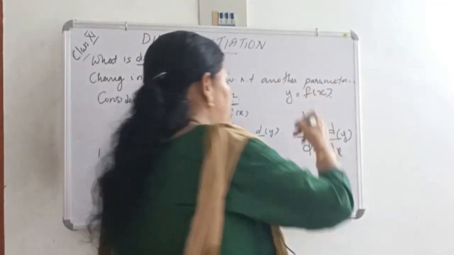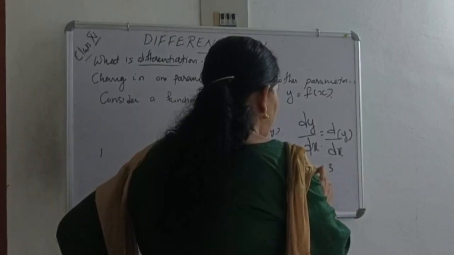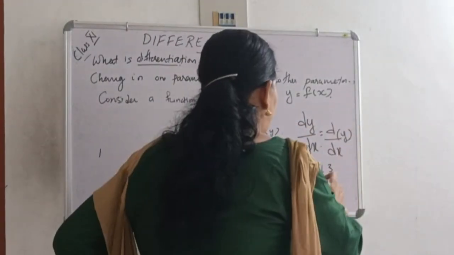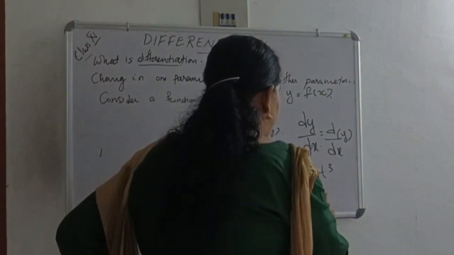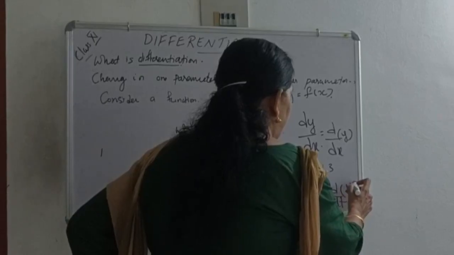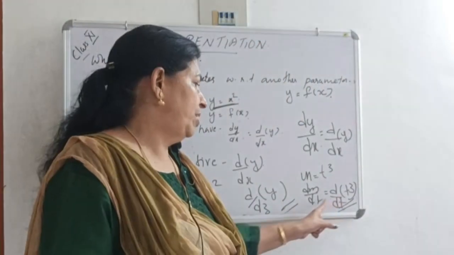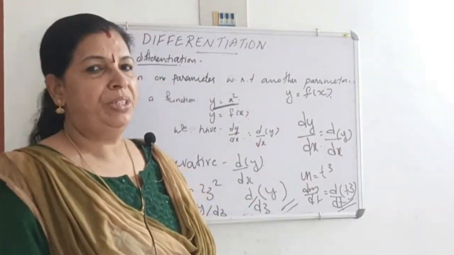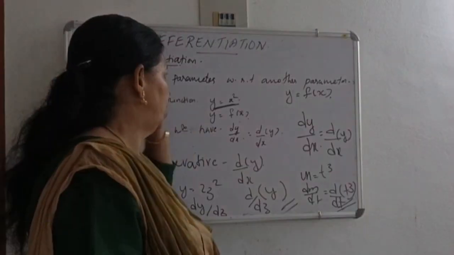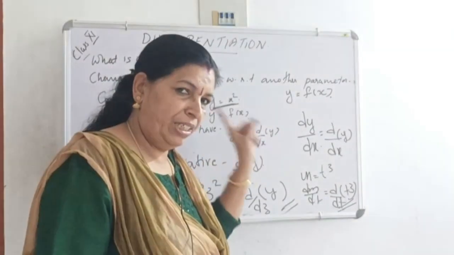If the function is in terms of t, say m equal to t cube, then dm by dt, that is d by dt of t cube, is the derivative of m with respect to another parameter. Here m and t are the parameters, the changing variables. Change in one parameter with respect to another parameter is known as the process of differentiation.